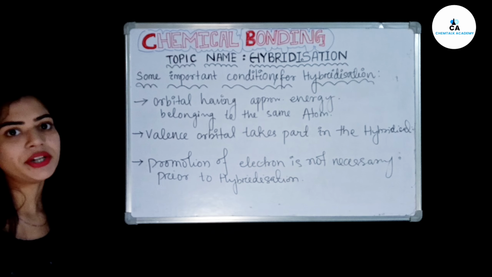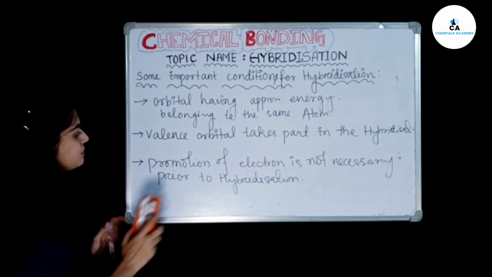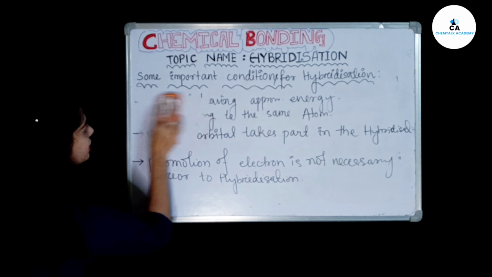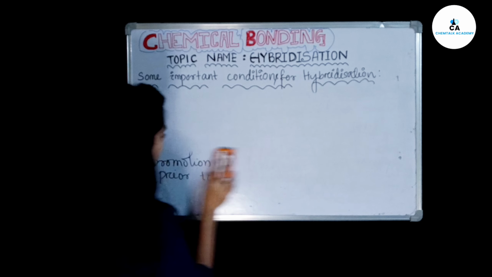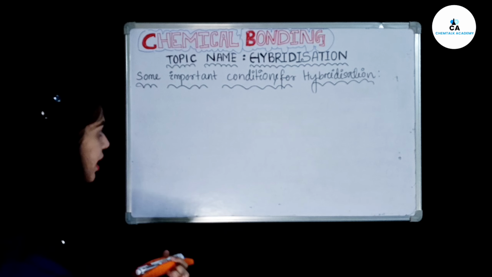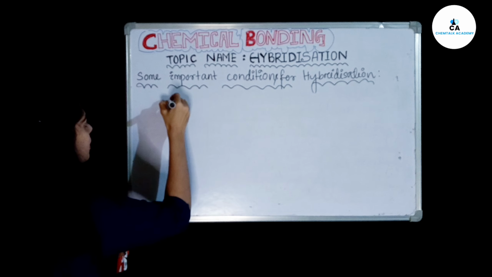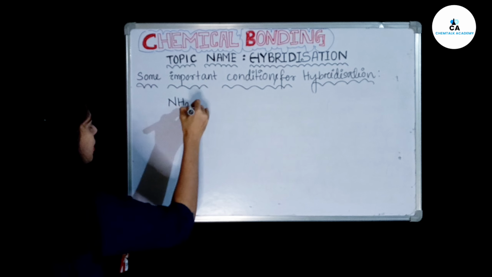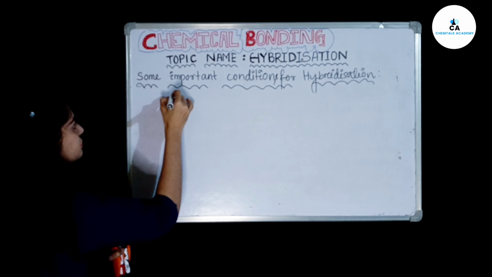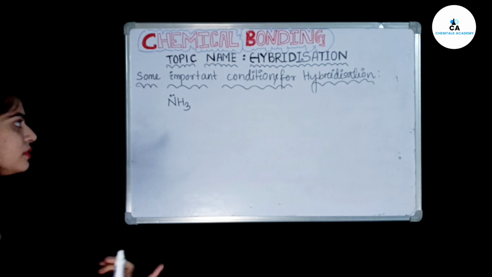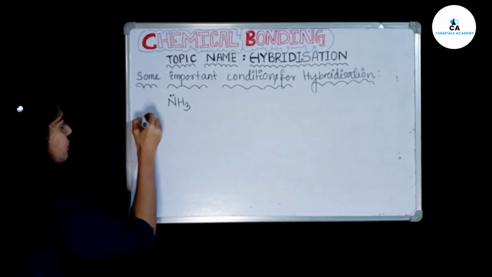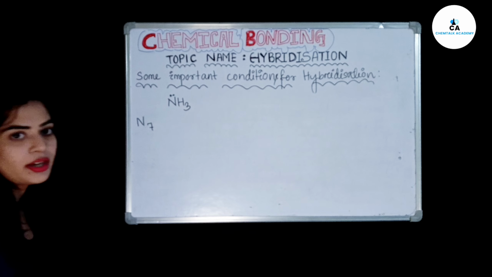Okay, for example, we will take NH3. So I think you have written. When we take the example NH3, this two dots means there is a pair of electrons. Nitrogen, atomic number is 7.